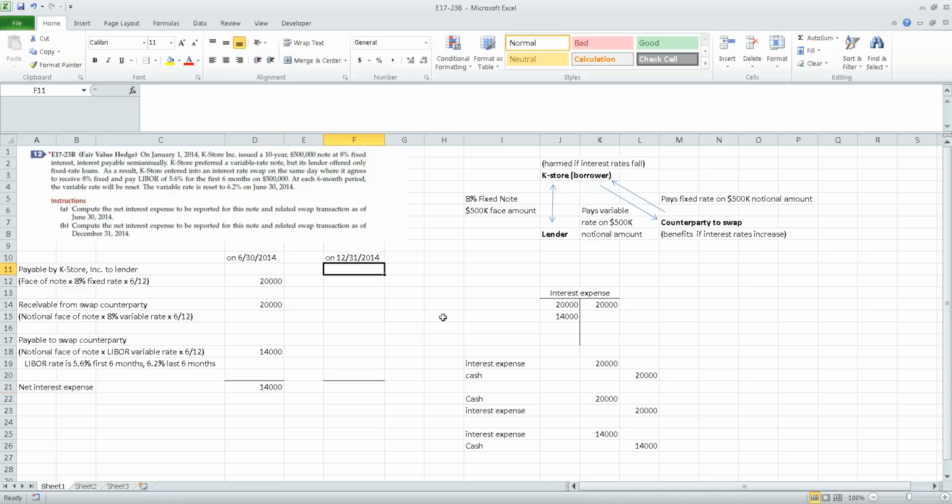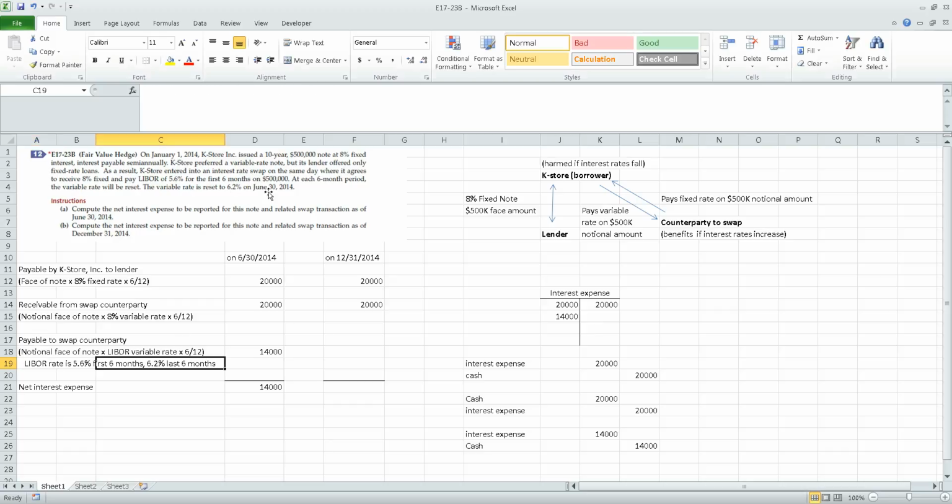Okay, the same thing's going to happen on December 31st, 2014. We're going to cut a check from K-Store to the lender equal to face value of the note times 8% fixed rate times 6/12, another $20,000. The counterparty to the swap is going to cut a check to us, paying a fixed rate of 8% on the $500,000 notional amount times 6/12, and we're going to cut a check to the counterparty based on the LIBOR rate of 6.2%.